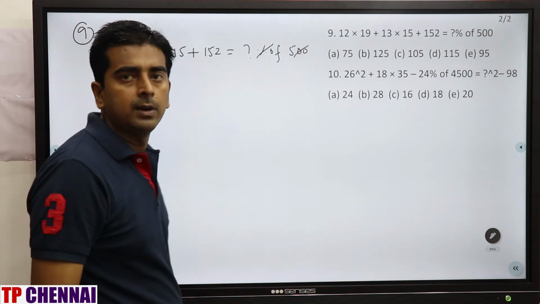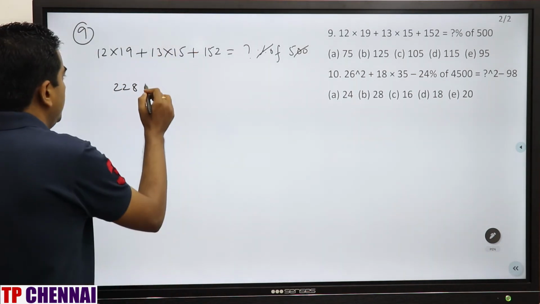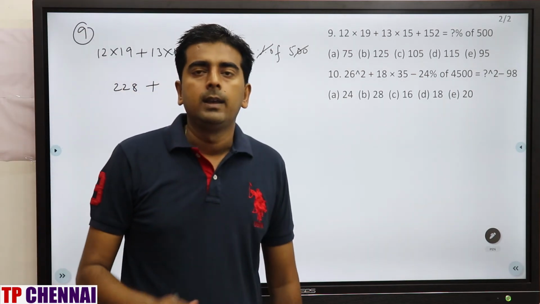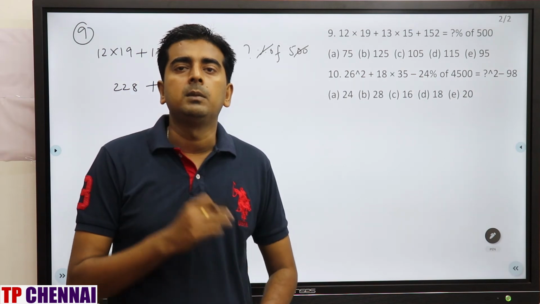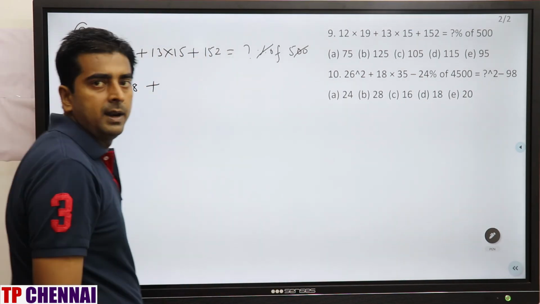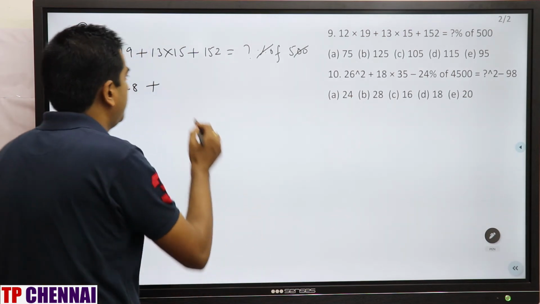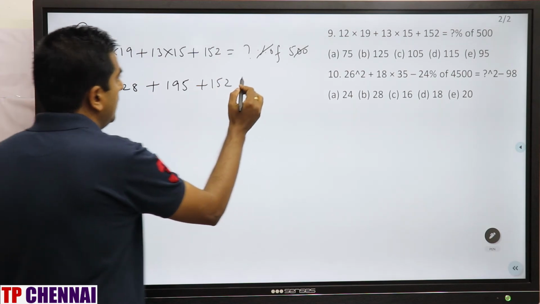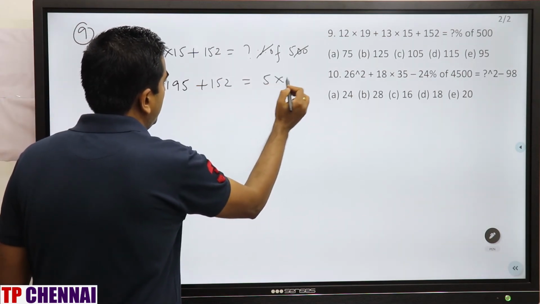Then 13 into 15. Difference is 2. Whenever the difference between the numbers is 2, it is nothing but middle number square minus 1 square. So between 13 and 15, what is the middle number? 14. 14 square, 196 minus 1, 195, plus 152 is equal to 5 into question mark.